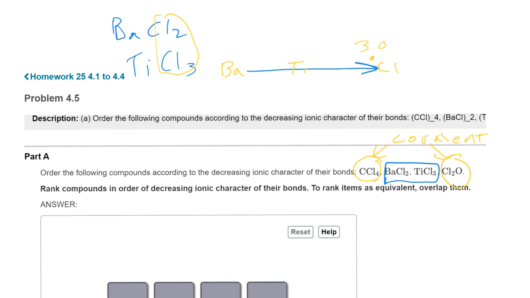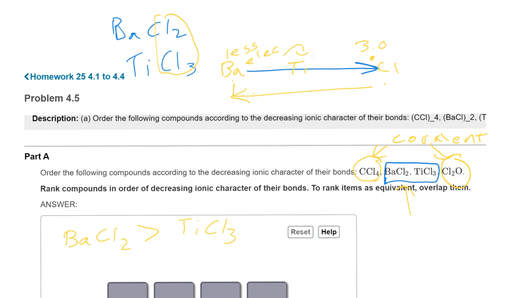Barium is farther away from chlorine, so they're going to have a greater electronegativity difference. It's less electronegative than titanium. Since it's less electronegative than titanium, that means the electronegativity difference between barium and chlorine is greater than that between titanium and chlorine. So barium chloride is going to be your most ionic, followed by your titanium chloride.